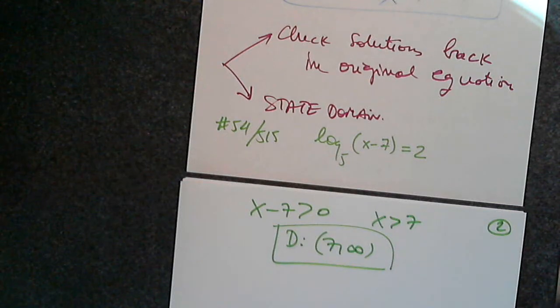So let's suppose I solve the equation and I get x. Yes? How do you know it's the sign greater than 7? Okay.